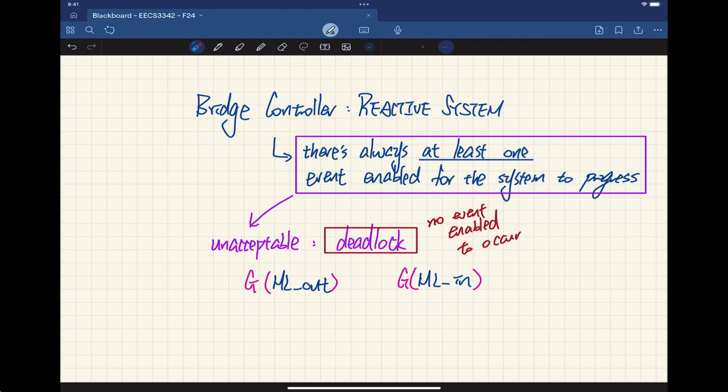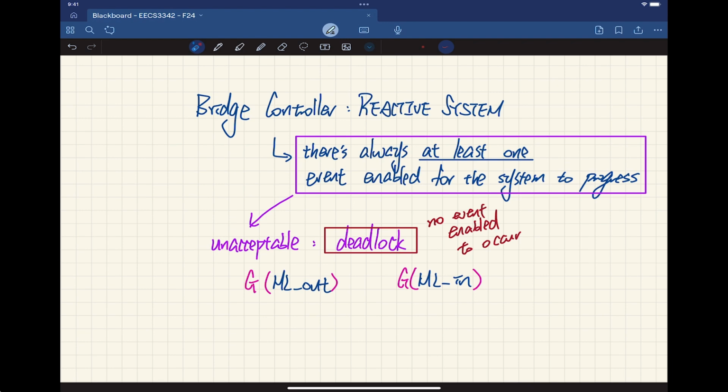That means this is not enabled, and also this is not enabled. How do I express this deadlock condition logically, using logical operators? This is an important step, because once we understand how to formulate the deadlock condition, we can take the negation of that to express the deadlock freedom condition. And then we can get to the proof obligation. Again, I'm just preparing you for that.